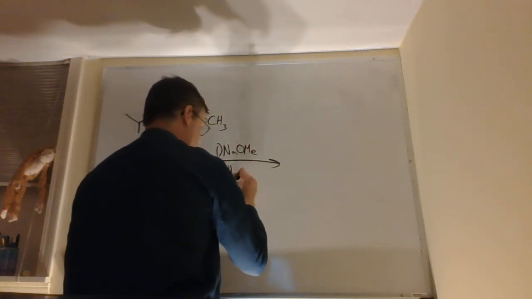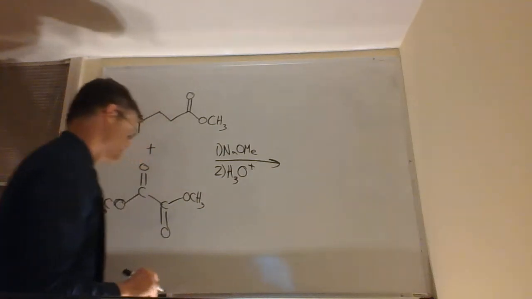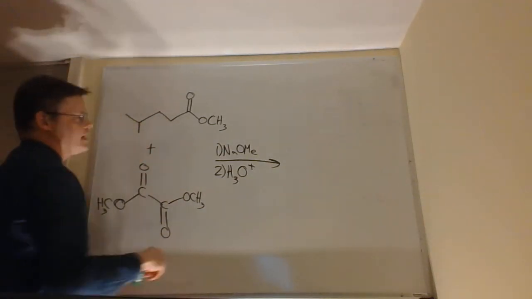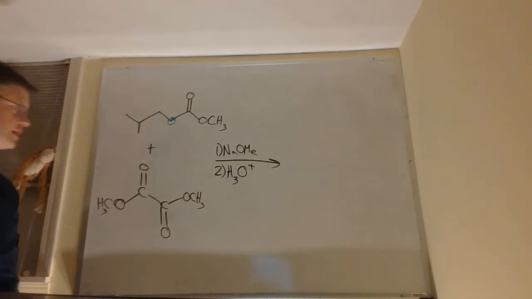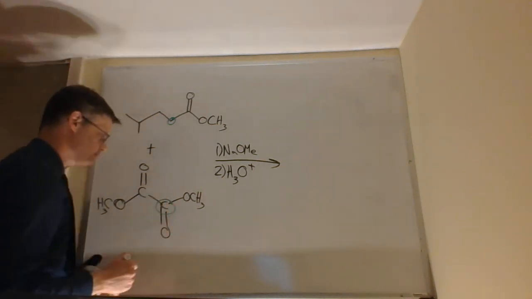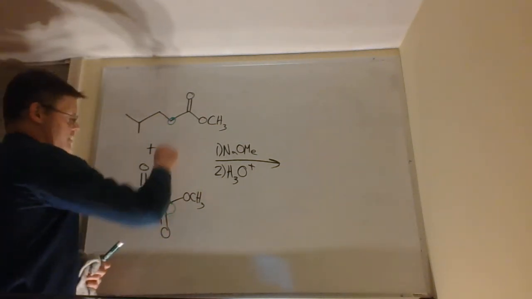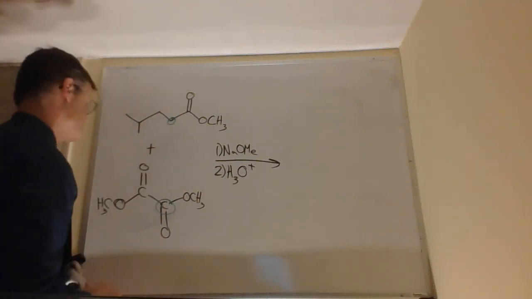Again, I want to identify where my alpha hydrogens are, and I've got a carbonyl carbon. So we're going to make a bond between these two carbons.